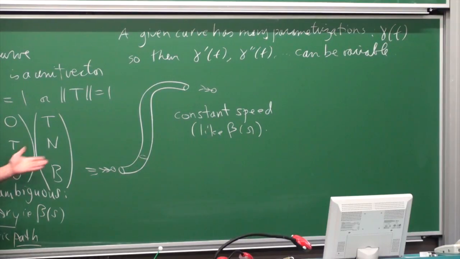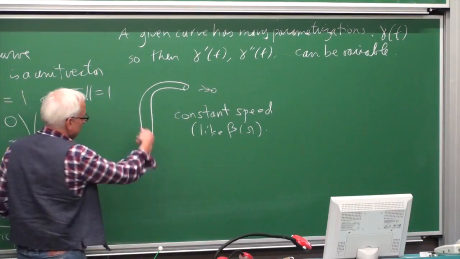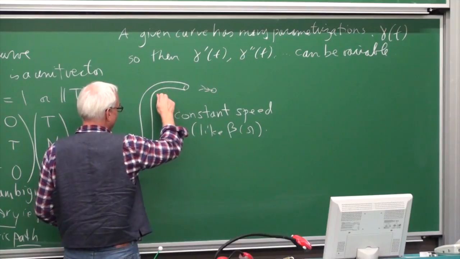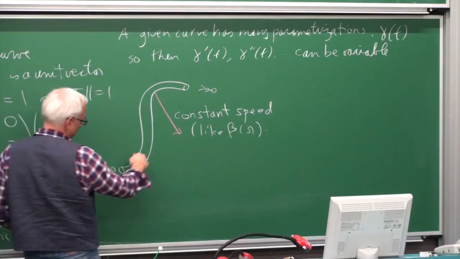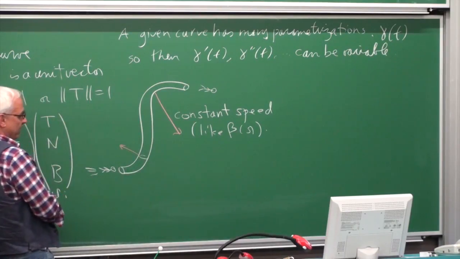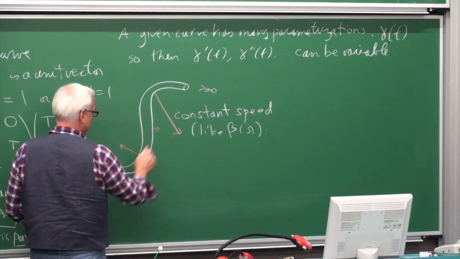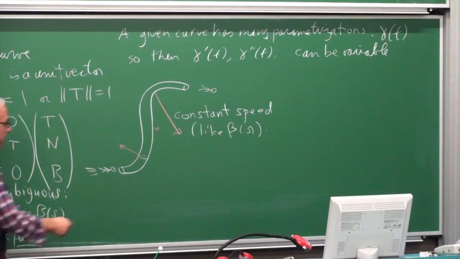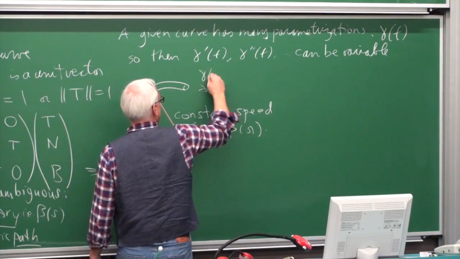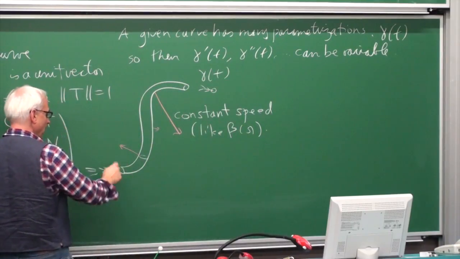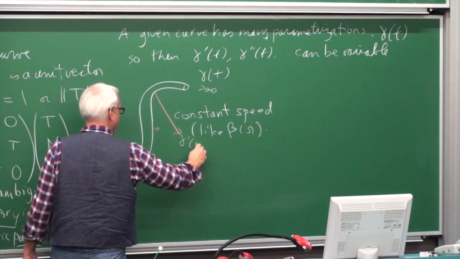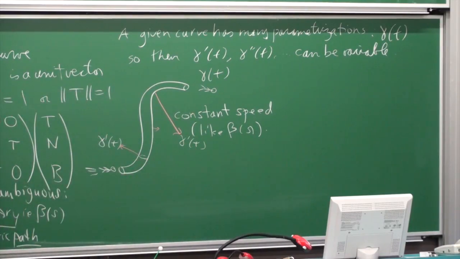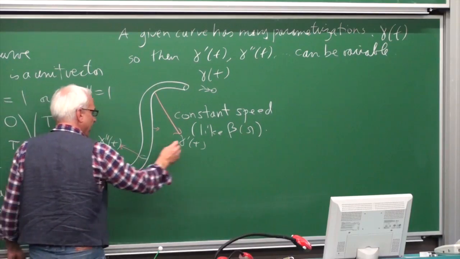Okay, so this person's still going to feel accelerations, of course, because at places where the curve is more curved, the acceleration is going to be bigger, while at places where the curve is not so curved, it's going to be smaller, and maybe here it's going to be relatively small. So let's say his position is still gamma of t. And here would be gamma prime of t. Sorry, those are gamma double primes of t, these are accelerations.